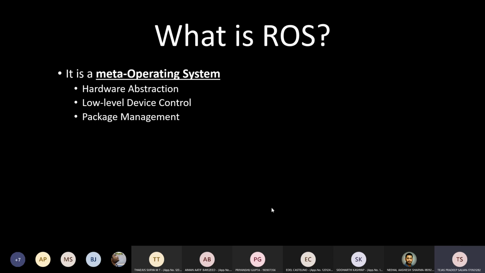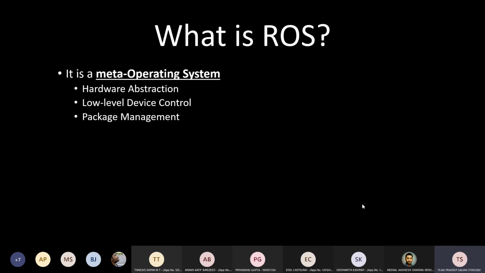These operating systems all have features that ROS also uses, like hardware abstraction, low-level device control to ensure the user can control any device that is connected to the system easily, and package management to ensure add-ons or plugins to external software are neatly organized and accessible. These are not all the features, but these are the main ones.